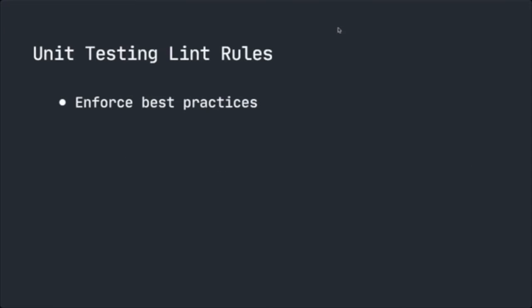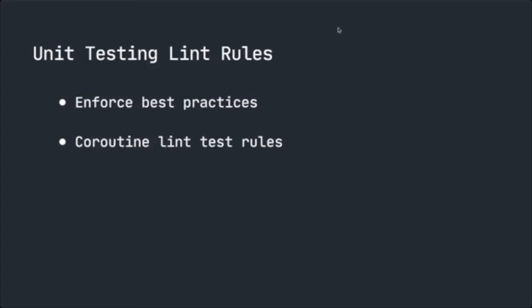The other thing that you want to set up are lint rules to enforce best practices. For example, I set up lint rules to prevent people from using spies with MockK and get people to use fakes. It's hard to enforce that by reviewing every PR, but building a tool really helps to automate things.